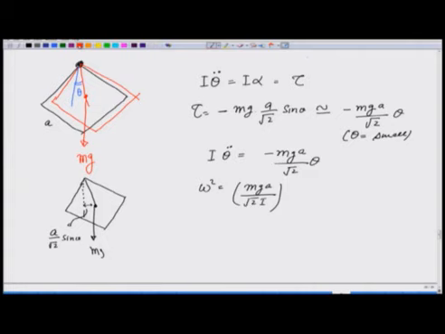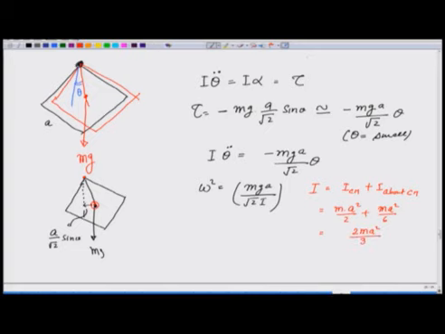Now, I about the pivot is going to be I of CM about the pivot plus I about CM. So, I of CM about the pivot is going to be m times a square by 2 plus I about the CM, about this axis perpendicular to the paper, is going to be m a square by 6, which then becomes 2 m a square over 3.